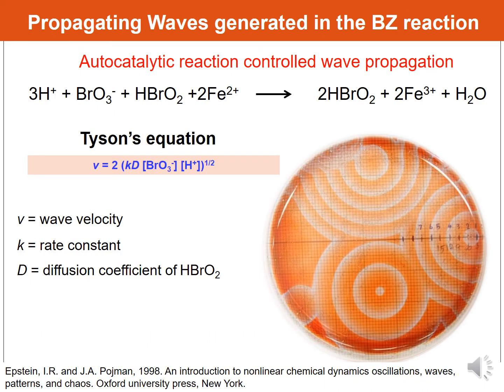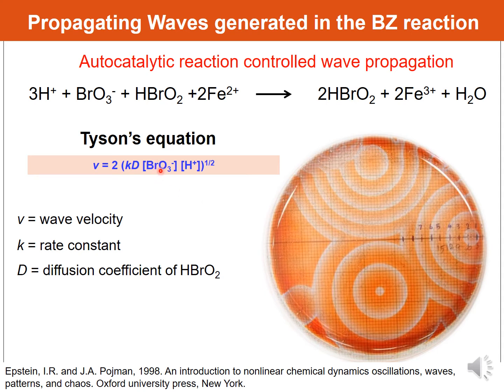In the case of the propagating wave, why does the wave velocity decrease with increasing ethanol concentration? For wave propagation, the wave velocity can be controlled by two important species, bromate and hydrogen ion from sulfuric acid. When we add ethanol, similarly to the oscillation, ethanol reacts with bromate.